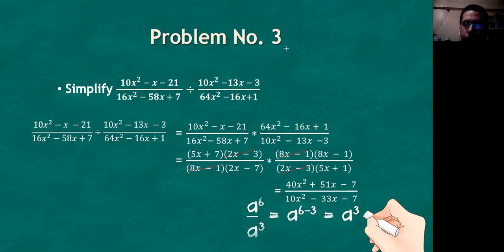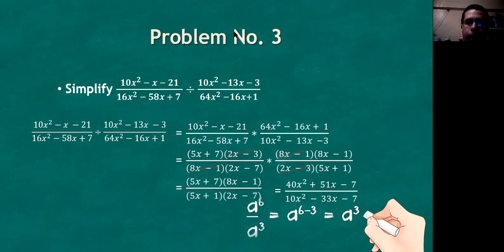After all cancellation, your equation will be like this: 5x plus 7 multiplied by 8x minus 1 over 5x plus 1 multiplied by 2x minus 7.